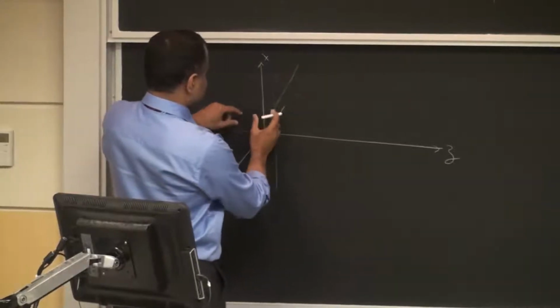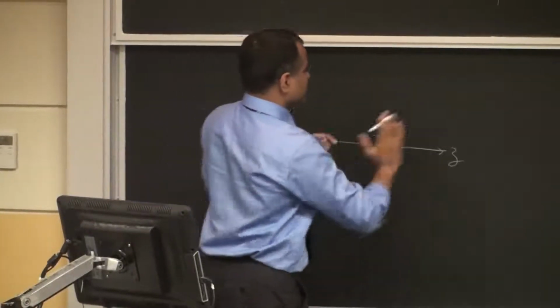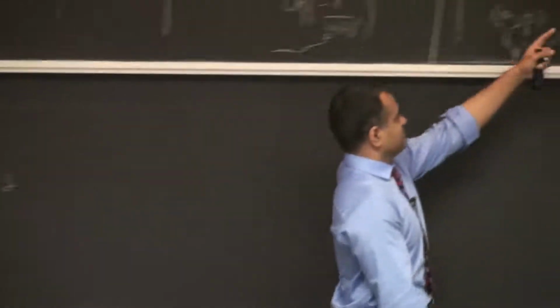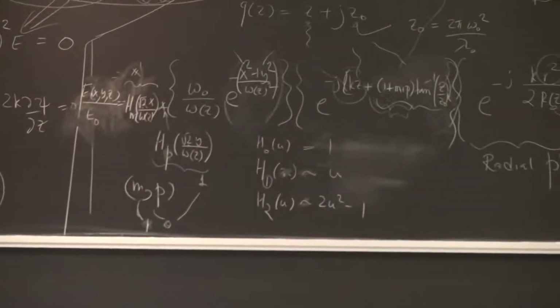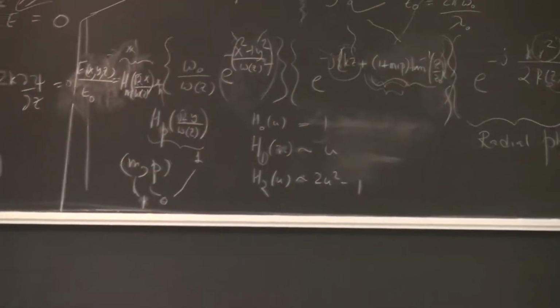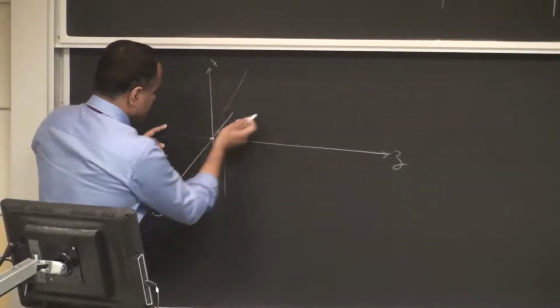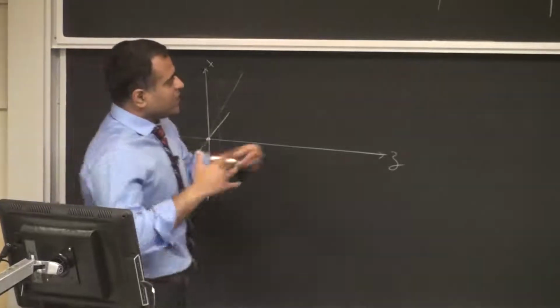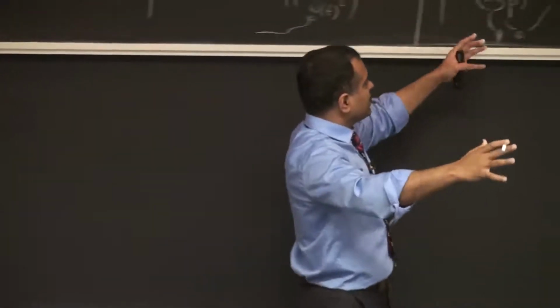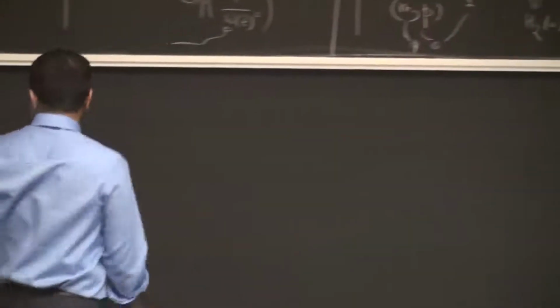I'm just plotting the value of the Hermite polynomial as a function of x. So constant, linear, quadratic. What it does is it takes whatever electric field that was radially symmetric, which was Gaussian, right?